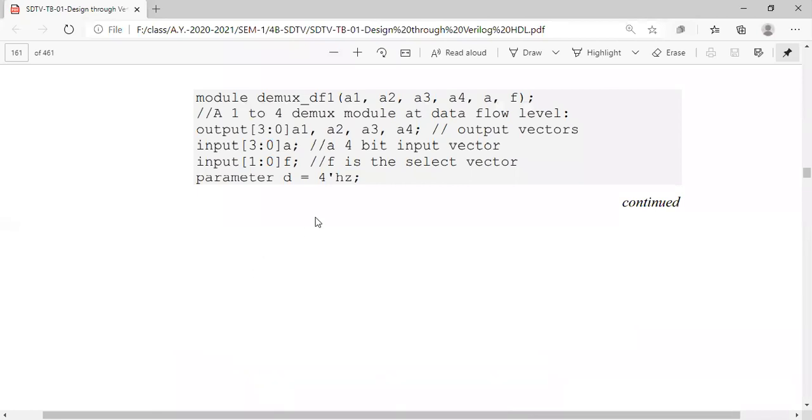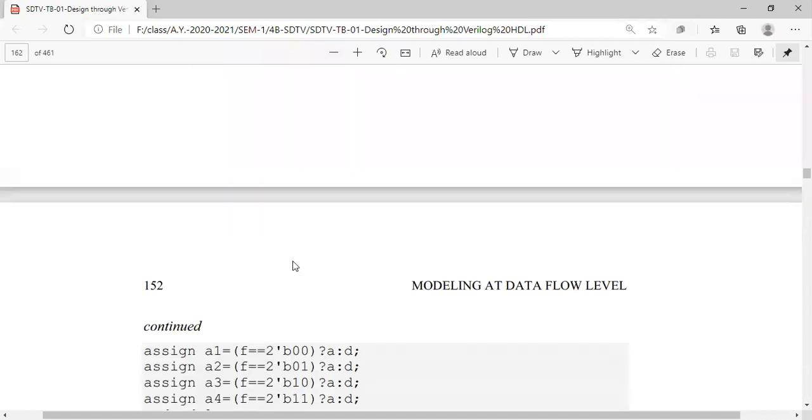Parameter d has 4 bits, all of them are inputs. F is a select vector. A is a 4-bit input vector, and a1, a2, a3, a4 are each 4 bits, and there are 4 varieties of output vectors, right?